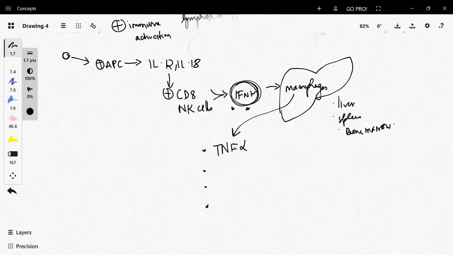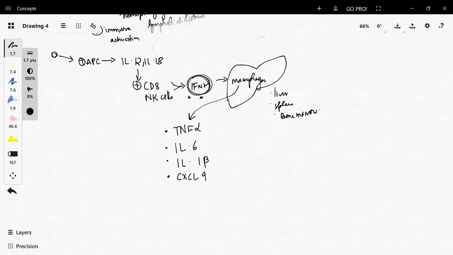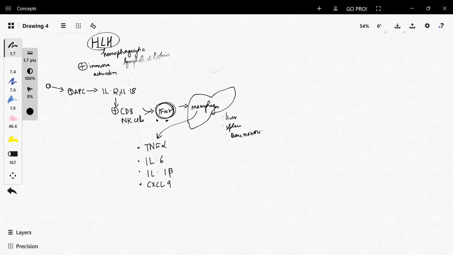The first one is tumor necrosis factor alpha. The second one is IL-6. The third one is IL-1 beta. And the fourth one is CXCL9. Okay.